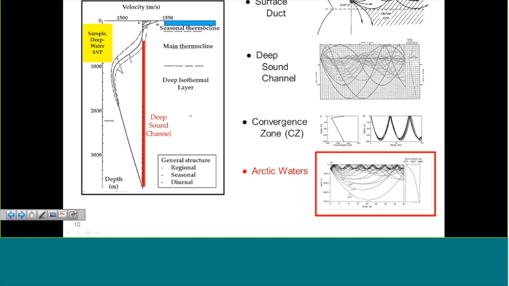Two other types of propagation that are common is convergence zone. If the water is deep enough, the sound will actually go down somewhere between 12 to 19,000 feet, 3 to 6,000 meters, and because the speed keeps getting faster and faster as you go deeper and deeper, if you go deep enough, the sound will actually turn back up, and that's what happens here.